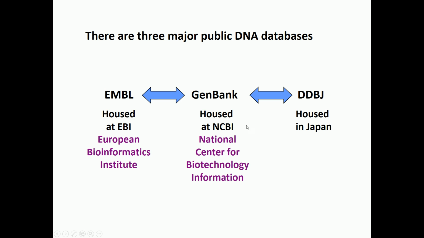We are going to use GenBank, which is at the NCBI website. And what is NCBI? It's the National Center for Biotechnology Information. It's a US government funded resource, a big database where the information about a lot of genes is there, and a lot of research papers.